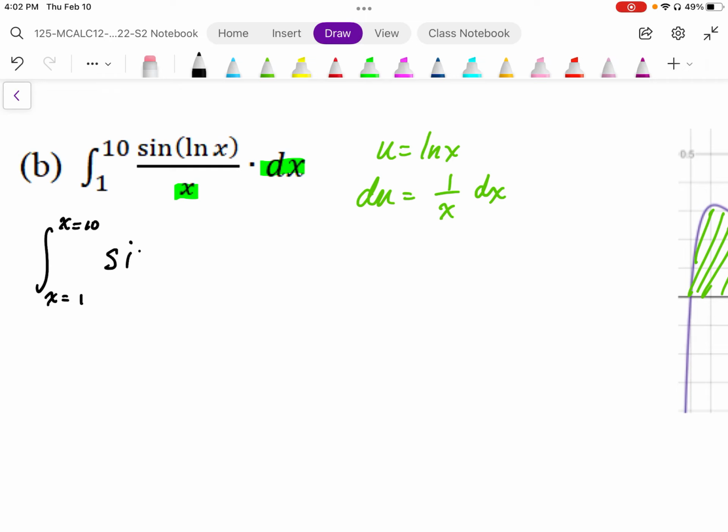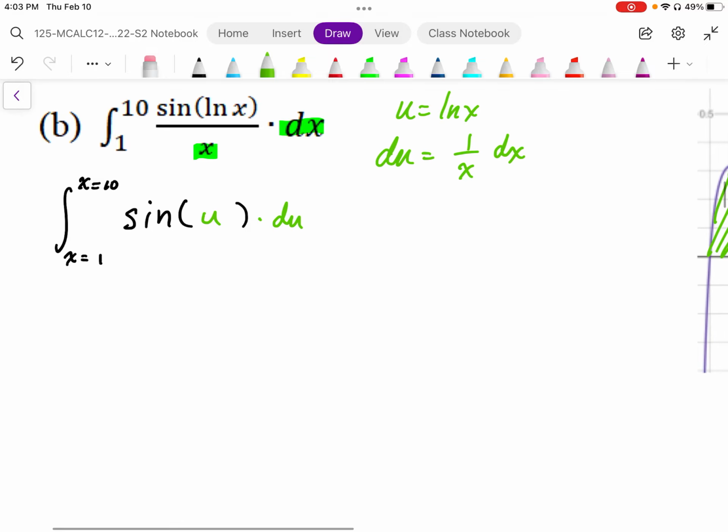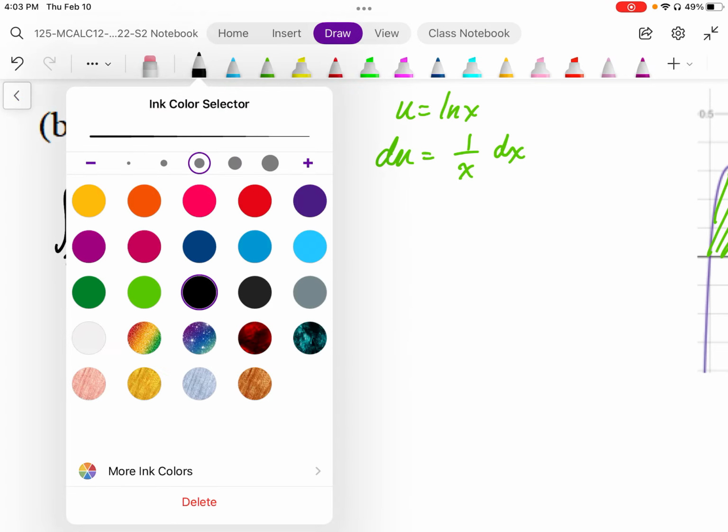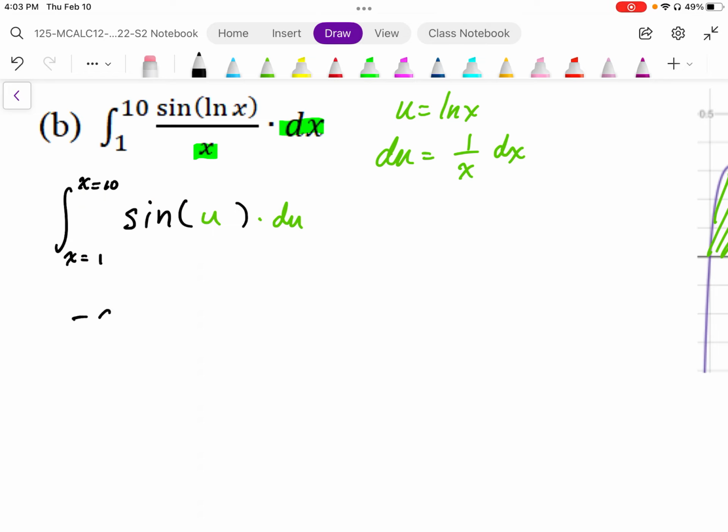This becomes sine of u, and then I can replace the dx over x with a du. This can be easily integrated, so again, I'm going to keep my bounds. So this becomes negative cosine of u, and my bounds are x equals 1 to x equals 10.